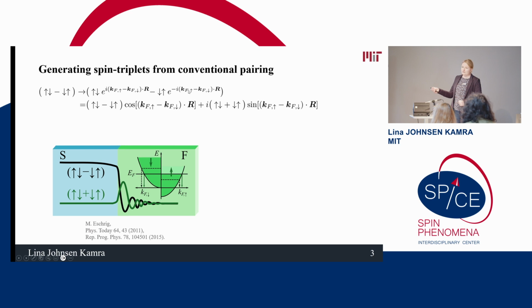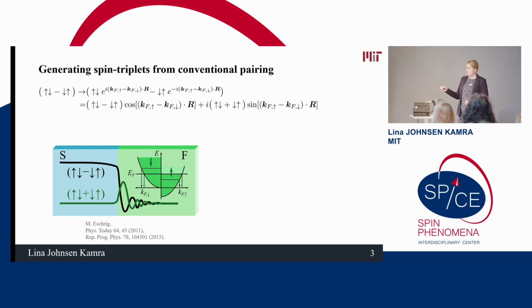If we simply rewrite this expression, we get oscillating terms, where R is the position inside the ferromagnet, and we have the spin singlet pairs and the opposite spin triplet pairs.